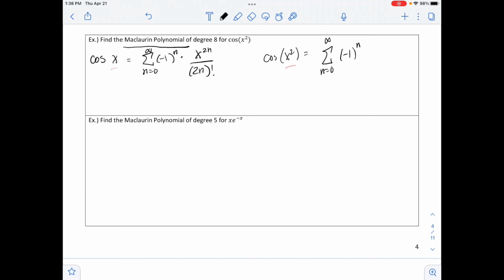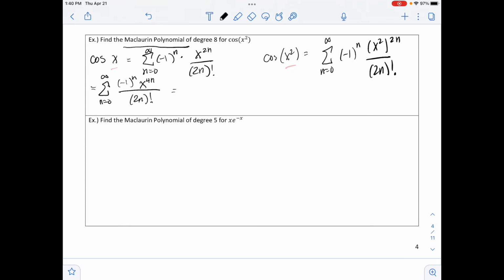And so I will write x squared to the 2n all over 2n factorial. And this would simplify to the sum from n equals 0 to infinity of negative 1 to the nth power times x to the, multiplying your exponents together, 4n all over 2n factorial.